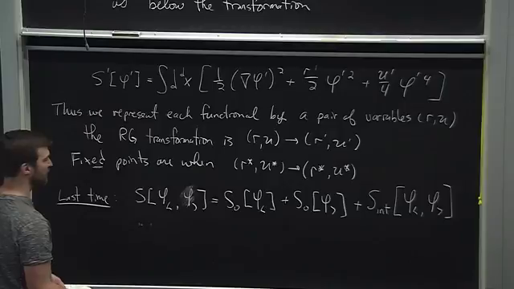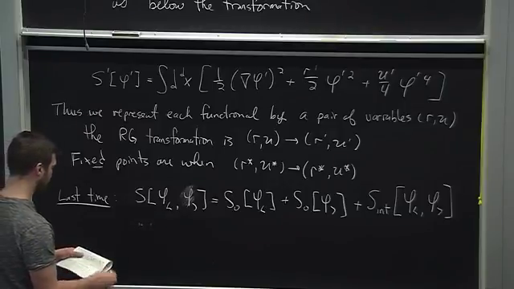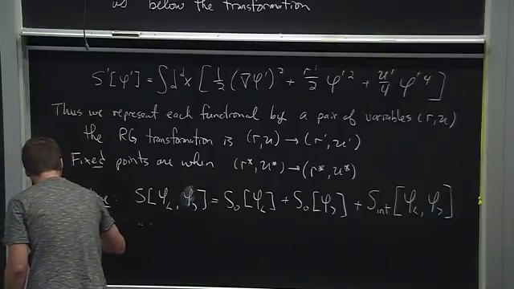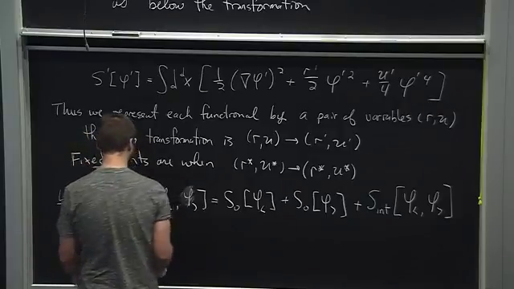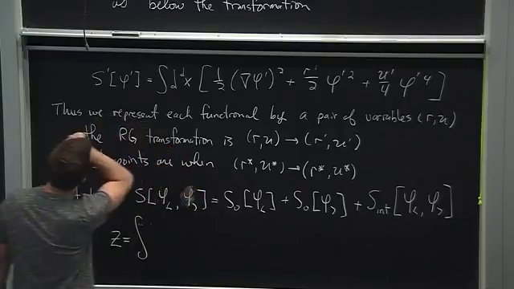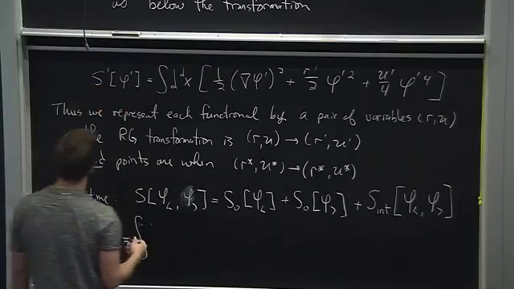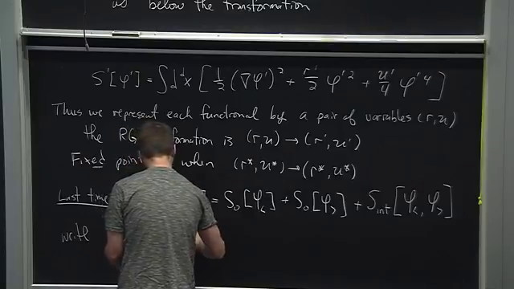Okay, so once I have this written down, I can just write the partition function as a functional integral. Right? So I have to have a functional integral over all the fields. But I'll just write it as a functional integral over fast and slow separately.